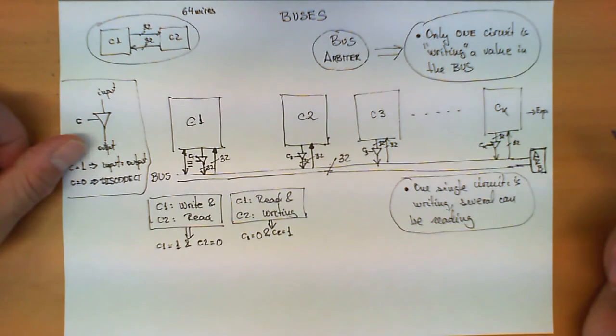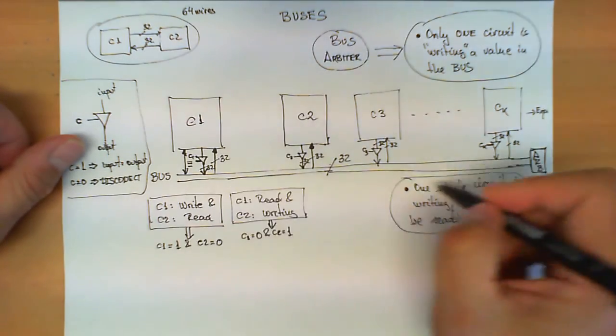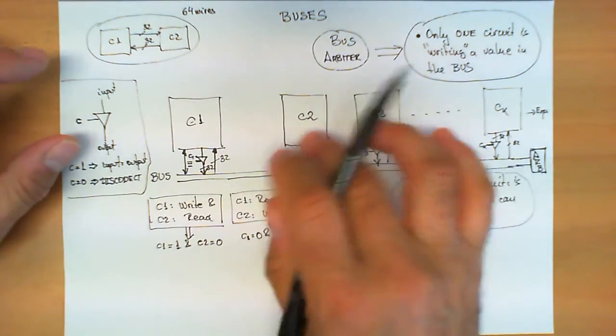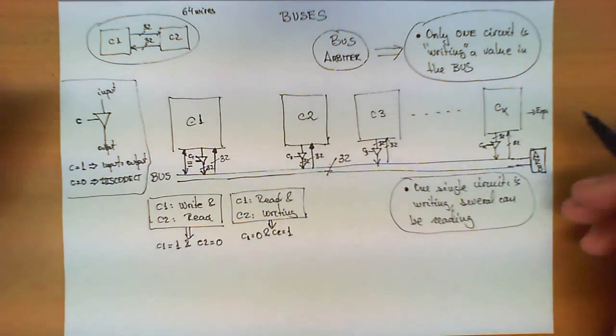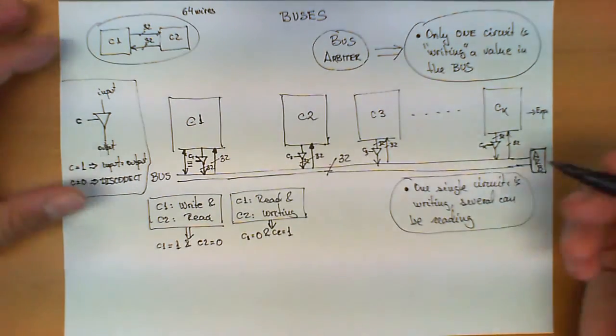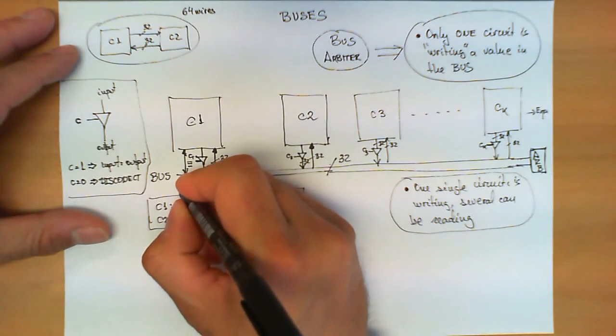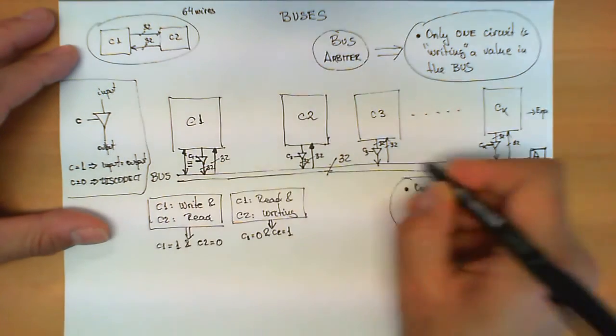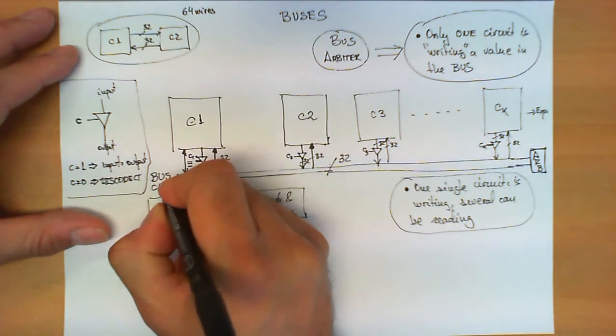And this circuit over here is in charge of distributing the access to that bus among all these circuits. Now, typically, when all these circuits have to work synchronously on this bus, we have an extra signal which is never drawn when we draw a bus, but it's always present, which is the clock.